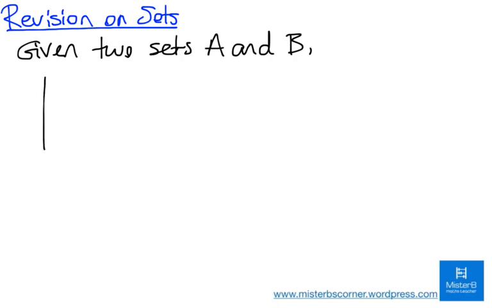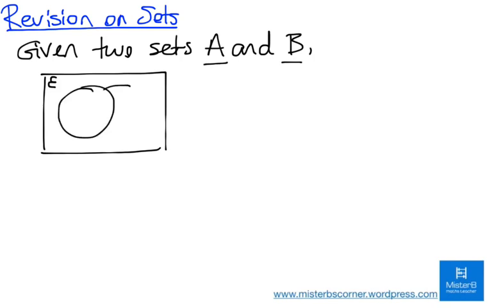So in a Venn diagram we have a rectangle, generally speaking, which represents the universal set, and then just because now we're talking about 2 sets A and B, we will have 2 circular diagrams for sets A and B, right?